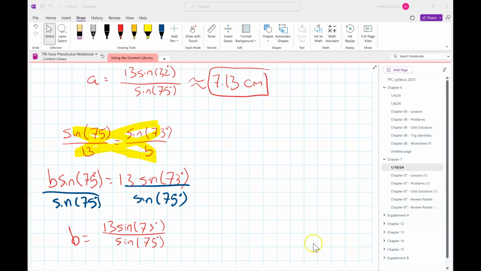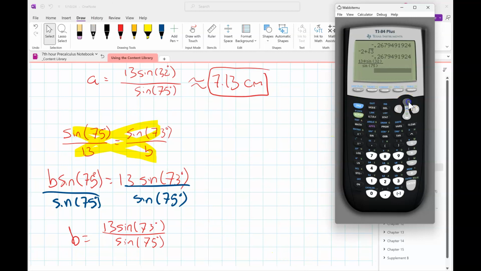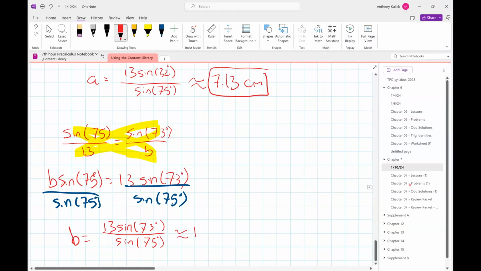Now it's calculator time. So I'm just going to take that last thing that I typed in and update the 32 and change that to a 73 and just press enter again. Save myself some buttons. So I get 12.87.